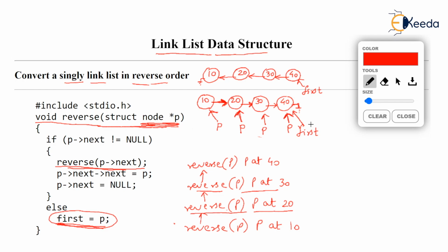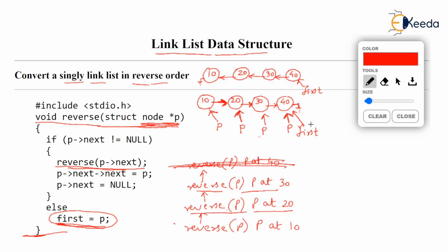Okay, now what? Now the next line runs obviously after first equal to P and the function comes to an end, you watch. But which function is coming to an end? The function obviously which is executing, and the function which is executing is reverse P with P at 40. Look, I am striking out the function. Reverse 40 has come to an end because it has finished all its lines.